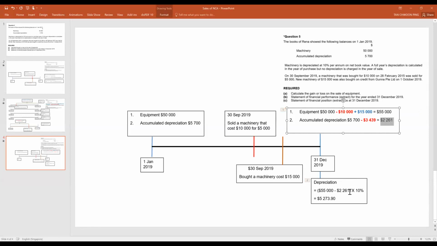Once we are done with that, we will be able to get, this is what we call the net book value of my machine or equipment at the end of the year. Then I multiply by 10%. So with that, key into the calculator, my depreciation will have been 5273.9. Okay, once you are done with that, we are now ready to plug it into our extract.